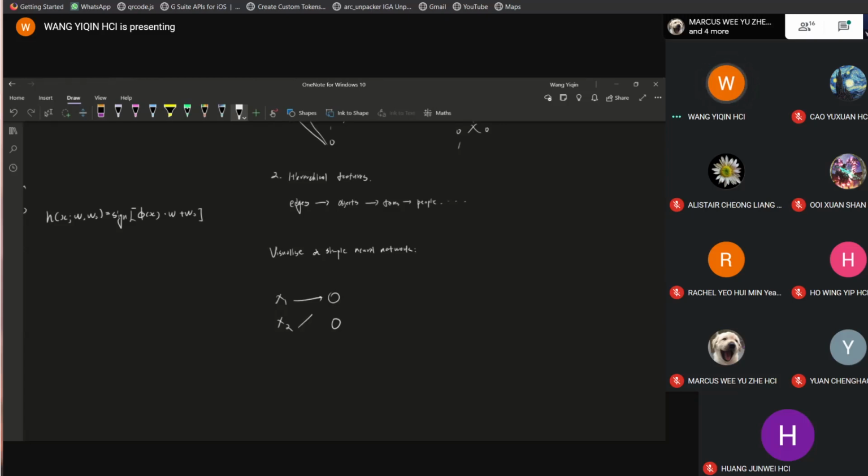So they are densely connected. Right, every single one is connected to every single one. And then you have in this layer W1,1. This is W1,2. This is W2,1. And this is W2,2. Right, so all these different weights.